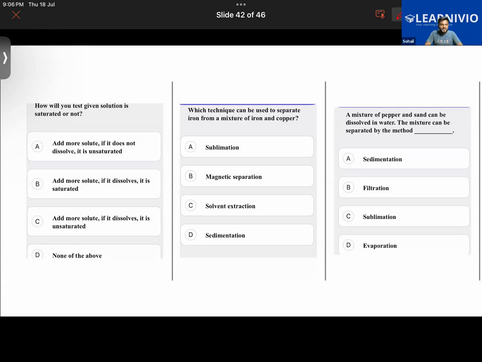You guys read the first question. So what's the answer of the first question, guys? Since all of you would be doing this now, answer in the chat box.